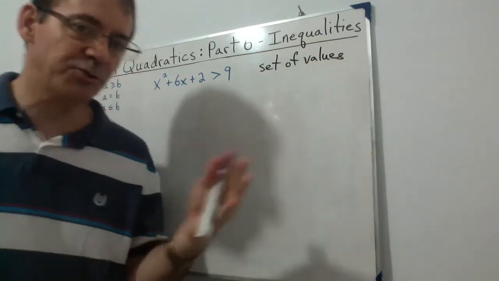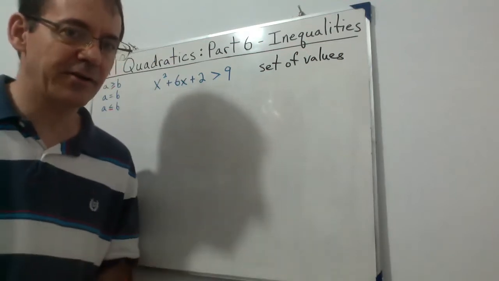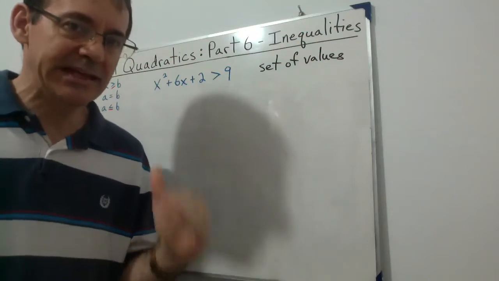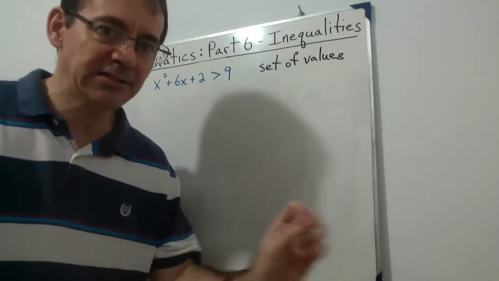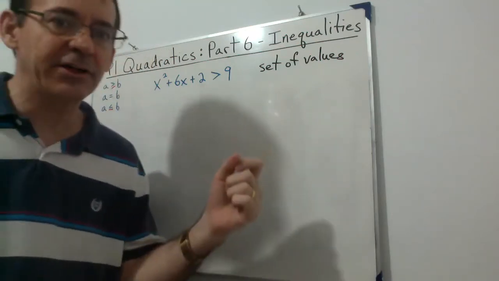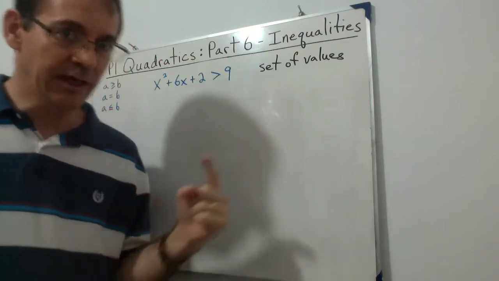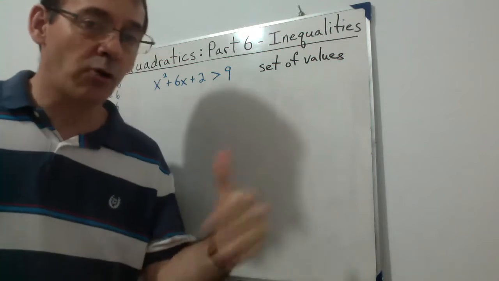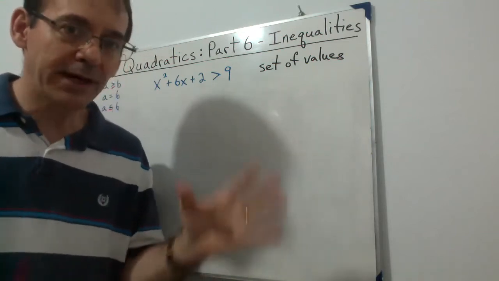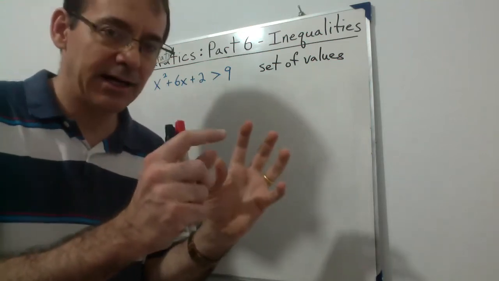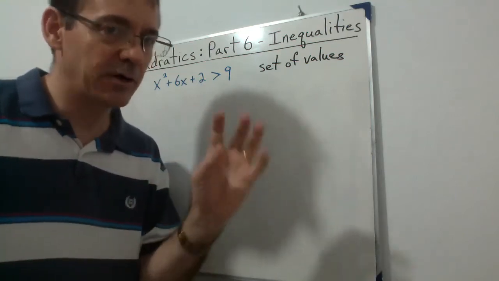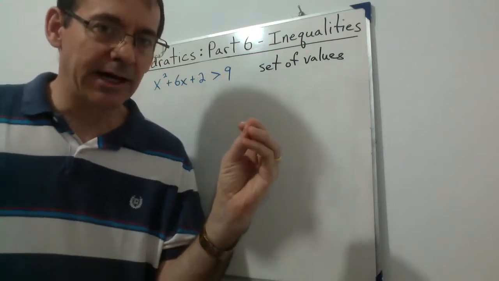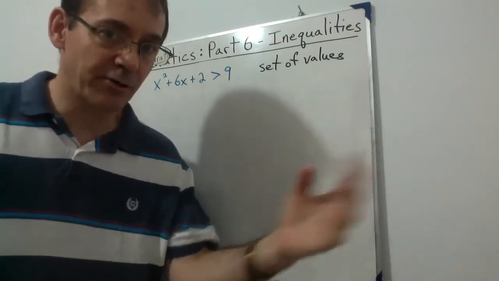It's important to read the Cambridge questions carefully because they do give you a hint as to the nature of your answer. If it just says find the value, well, it's singular, one value. If it says find the values, plural, you're probably looking for two or maybe more, but a definite fixed number of answers, whether it's 2, 3, or 4.